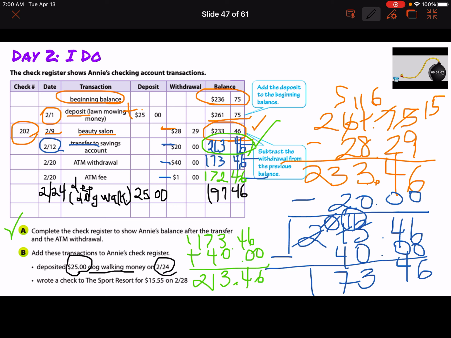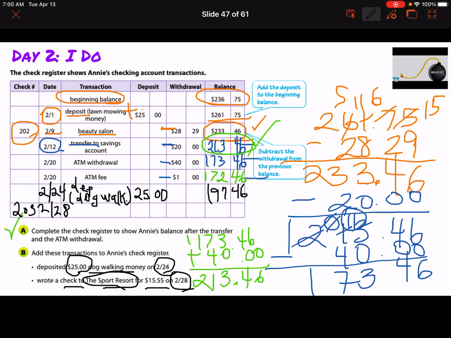The second transaction is that Annie wrote a check to the sport resort for $15.55 on February 28th. So write the date. And usually checks go in chronological order as well. So we know after 202 is 203.